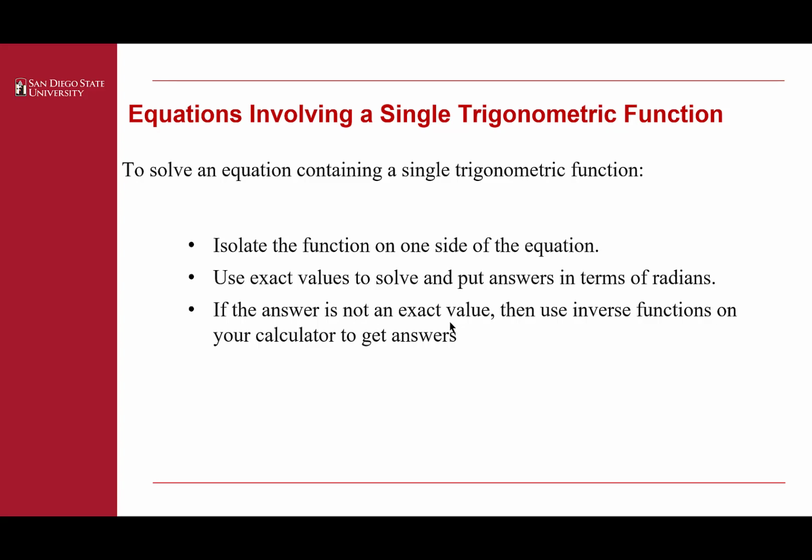In the second step, we should use exact values to solve and put the answers usually in terms of radians. If the answer is not an exact value, then we can use the inverse functions that we have already seen in the previous course, which are arc functions like arcsinus, arccosinus, arctangent, etc. And we may have to use a calculator if we cannot catch the angles from the results.